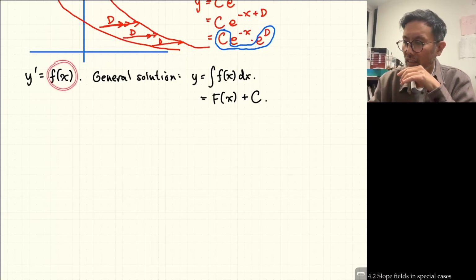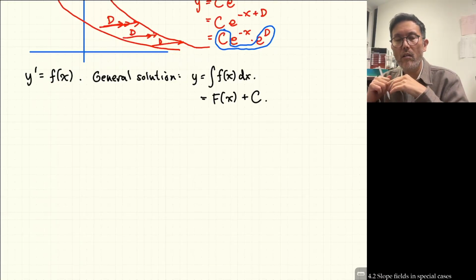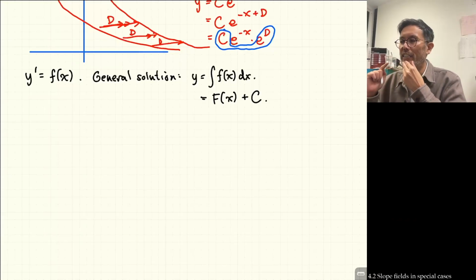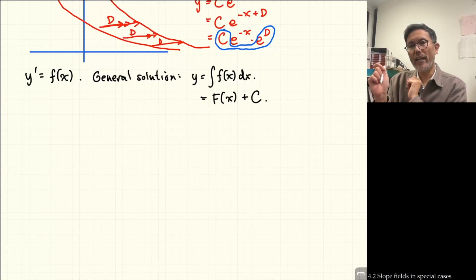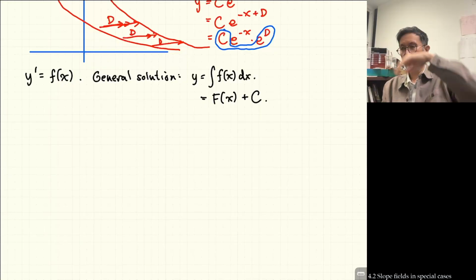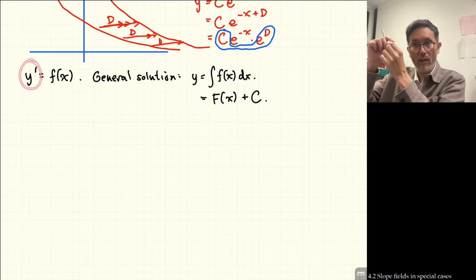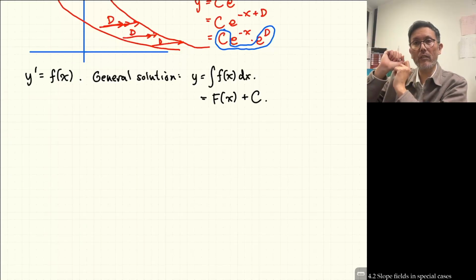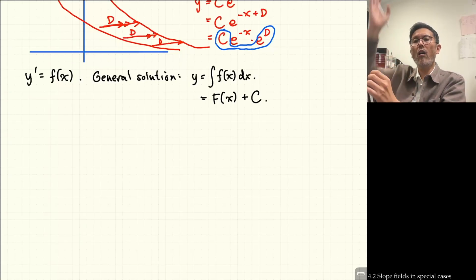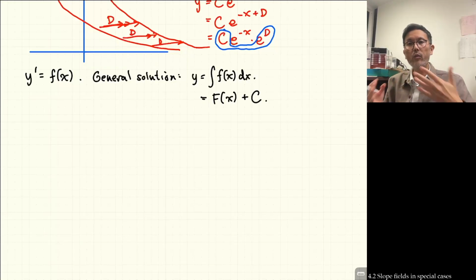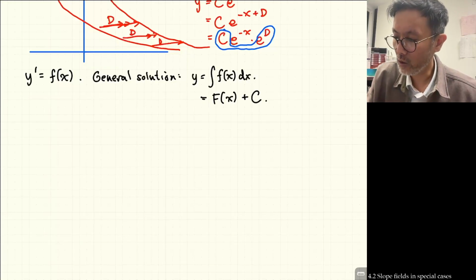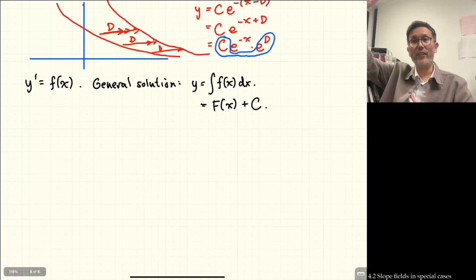Notice that this does not depend on y. So as soon as we fix x, we know the slope of the line segments in the slope field for all of the points with that x coordinate. In other words, the slope field here is going to be vertically invariant.